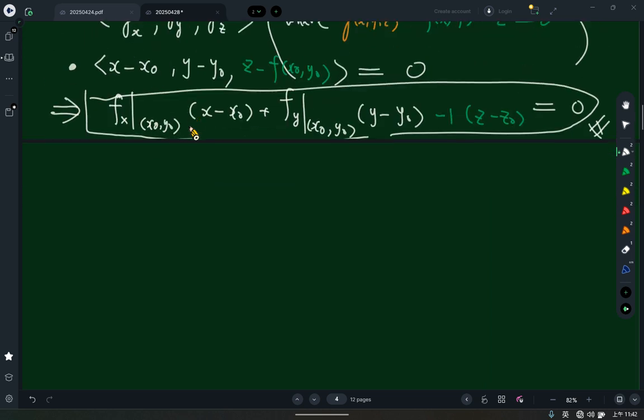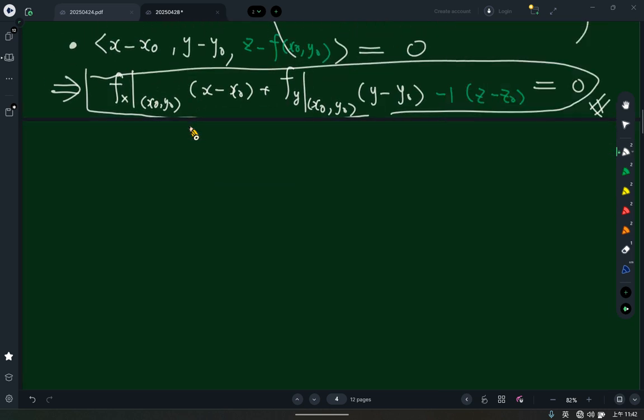The next topic I'm going to introduce to you is estimating change in a specific direction.